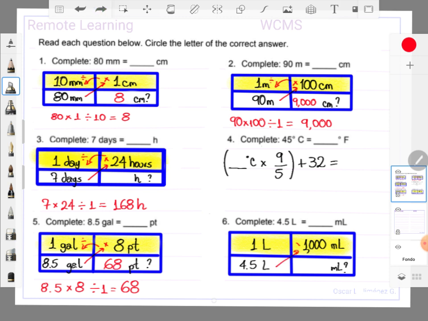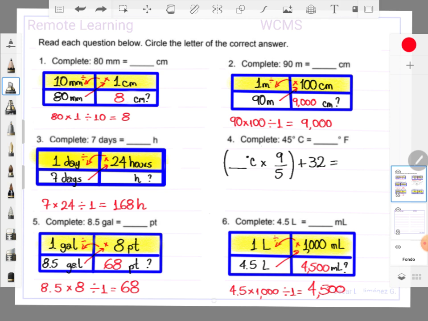Now with exercise 6, again, we use cross multiplication. We multiply 4.5 liters times 1000 milliliters and then divide by 1 liter. Again, 4.5 times 1000 divided by 1 is 4,500 milliliters.